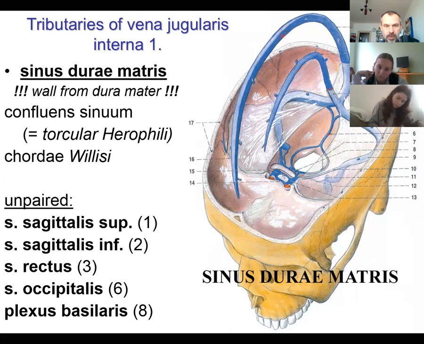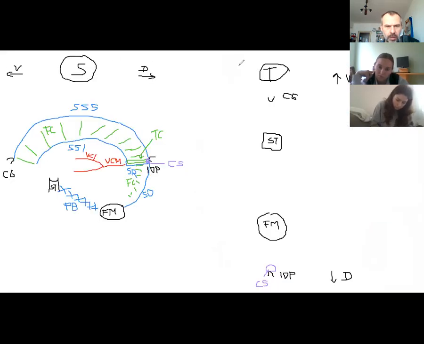Let's come to the paired ones. So before we draw the paired ones, we have to draw the unpaired ones here, at least some of them. So we have the occipital here. Then, of course, if we look from above, we'll see here the rectus as well, because they are summed.